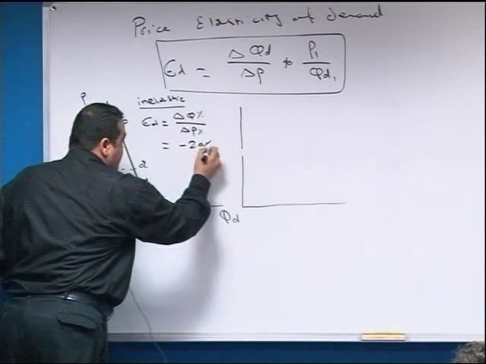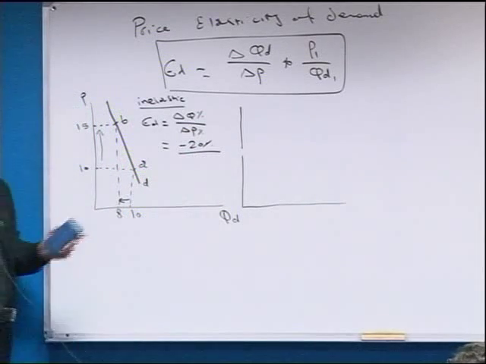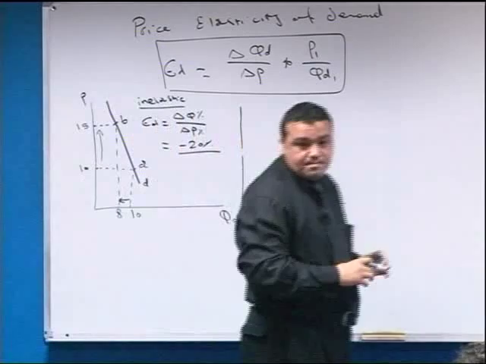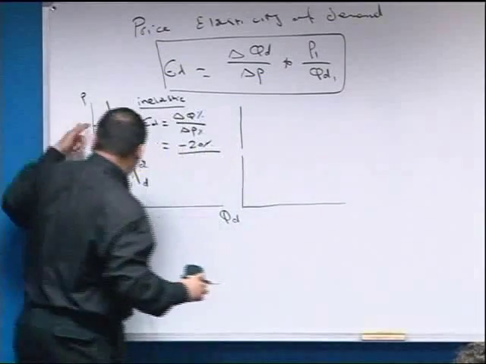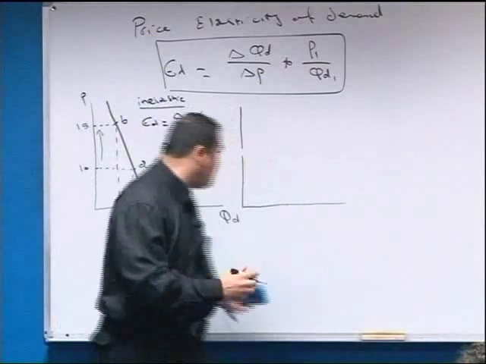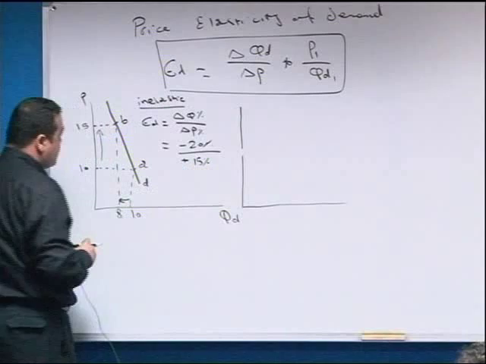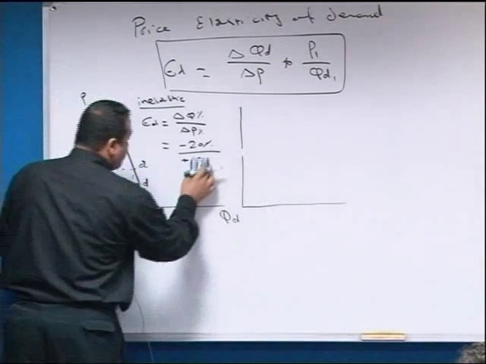Reduction by 20% over delta P. There is an increase in the price from 10 to 15, which is 50%.